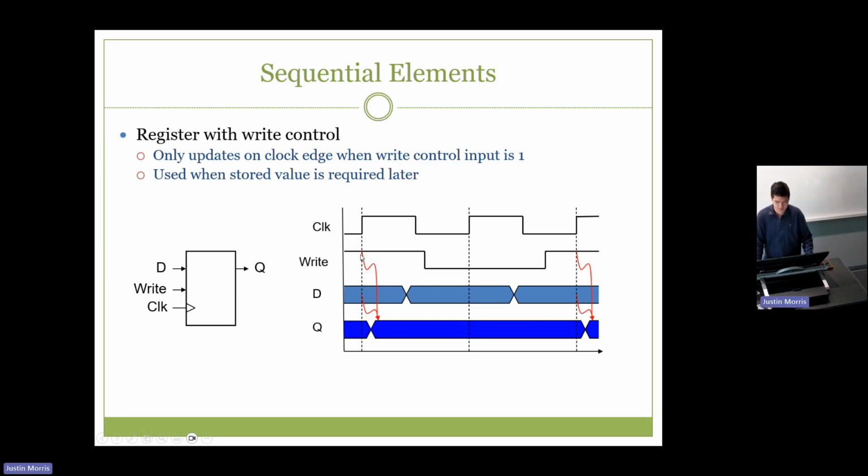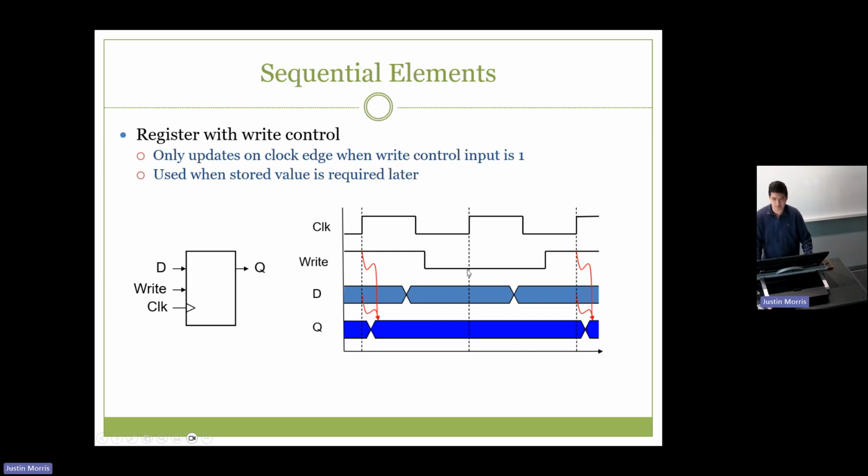So here we can see that. On this positive edge, write is 1. So we're enabled. That means that we're going to write D into the register and save it as Q for 1 clock cycle. But on this positive edge, write is 0.